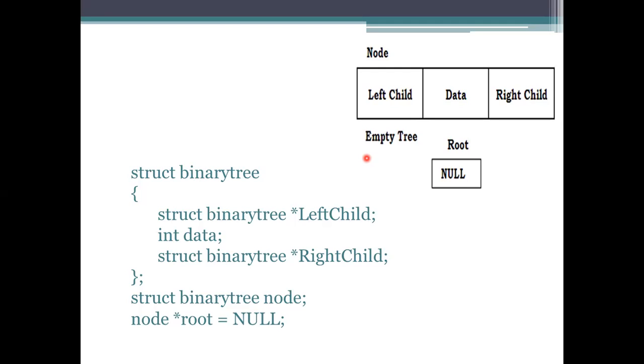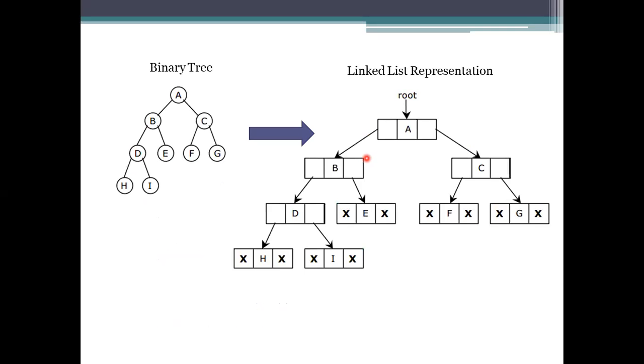Whenever we call this node, the new operator creates this 3-field node representation and stores the values into it. Taking the previous example as a binary tree, if a node has children, just mark them. If not, make it null, or place X marks, meaning there is no child.